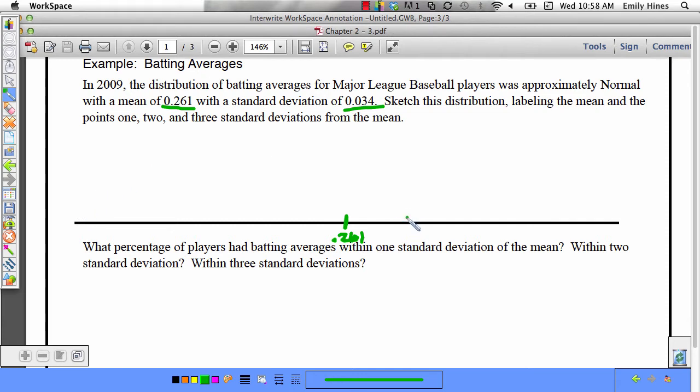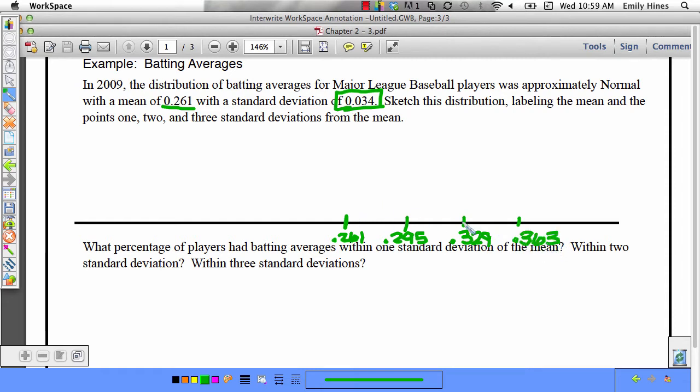Then I'm going to make some evenly spaced tick marks and let each one of these be a standard deviation. So if I add a standard deviation of .034 to this, I get .295. I add another one, and I'm at .329. And I add another one, and I'll get to .363.